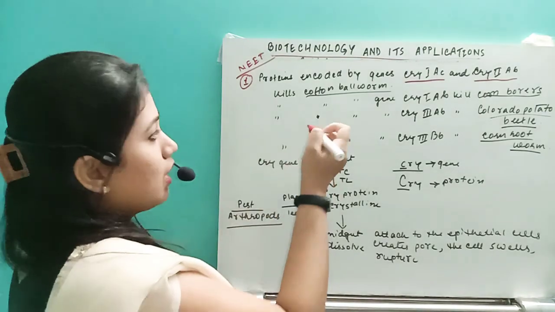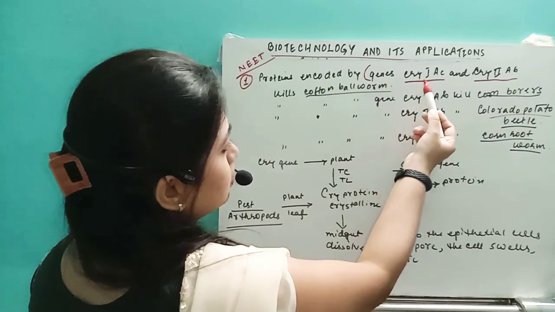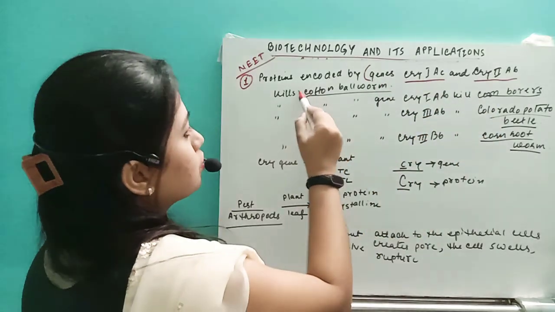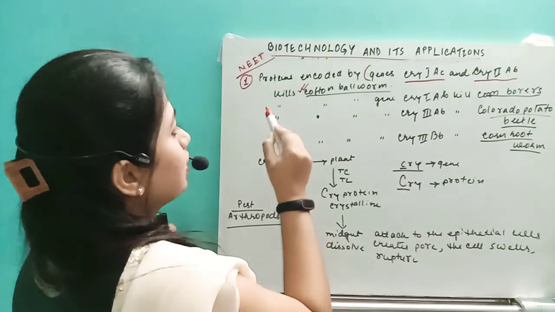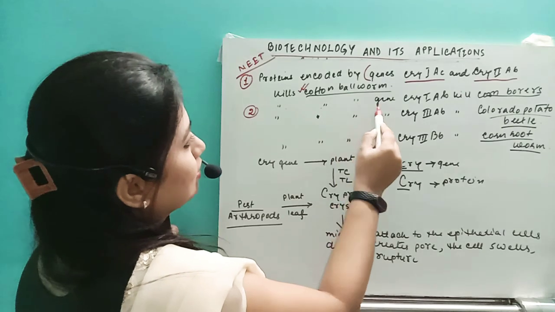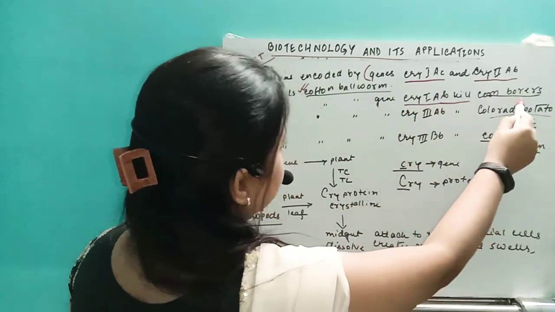So see, the protein encoded by the genes Cry1Ac and Cry2Ab kills the cotton bollworm. Remember that. Then the second one, the protein encoded by the gene Cry1Ab, kills the corn borer.